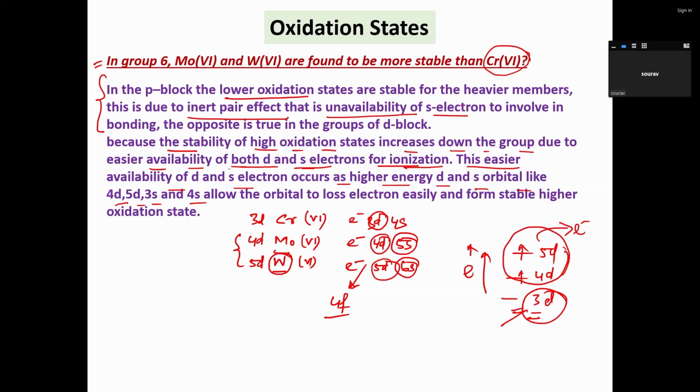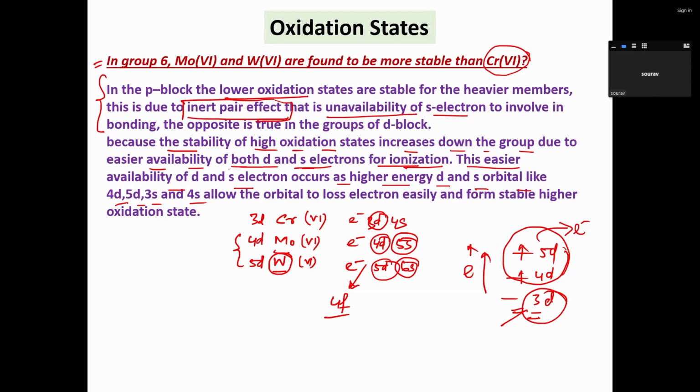Due to the presence of the inert pair effect, the electrons present in the s orbital are more attracted by the nucleus, because there is poor shielding effect of the f orbitals and d orbitals for the p block elements. So that's why the s electrons are not easily available to be removed from the s orbital due to the inert pair effect.